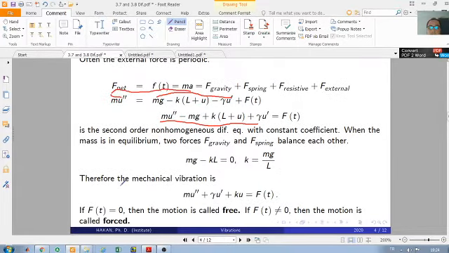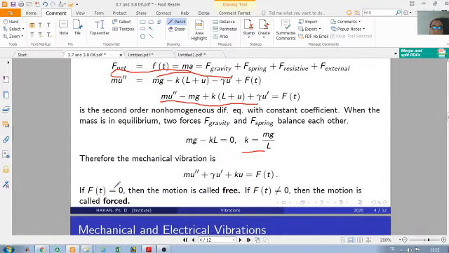Therefore the mechanical vibration equation will be, after writing this, we have m times g for the first part here. Also we have the negative version of this term, therefore we can remove them, so we have just m times the second derivative of u plus gamma times u prime plus k times u is equal to the external force.